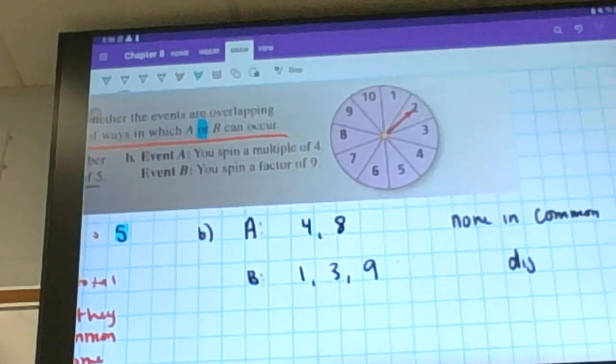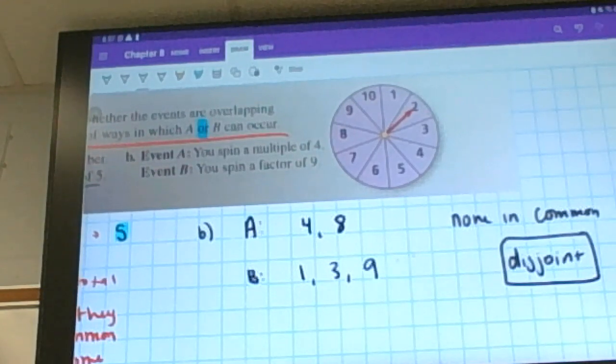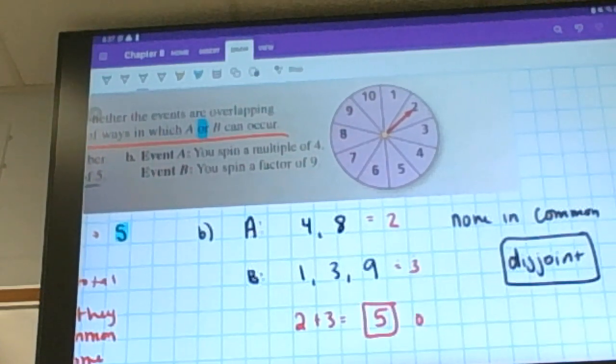Disjoint or mutually exclusive. So now to do the outcomes, this one is 2 and this one is 3. 2 plus 3 is 5. The answer is 5 possible outcomes. If they had any overlapping, we would have to subtract the number we're overlapping. And that's it. That's the whole jam.